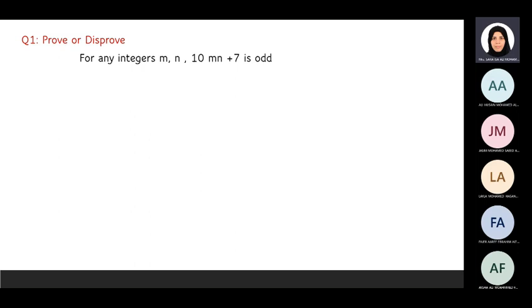To prove it, I have to select one of the methods. Which method should I use? I will use the direct method to prove it. Not always do you have to put the symbolic form, but I keep it in front of you just to help you. For any integers m and n, write it as for all m and n belonging to Z.